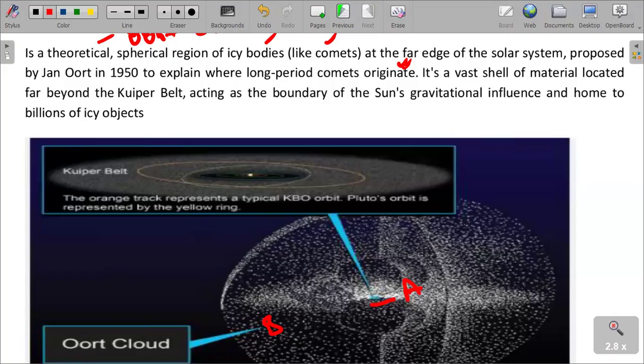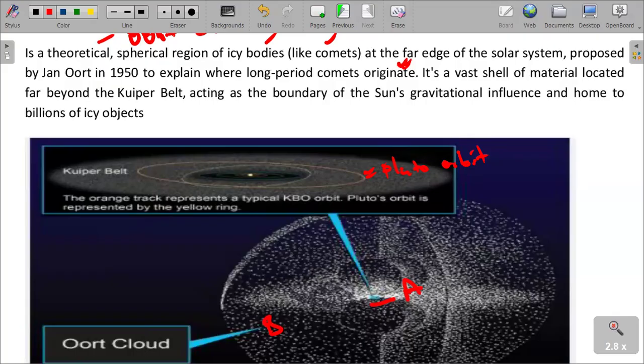The orange track represents the typical cloud, and Pluto's orbit is represented by the yellow ring that you are seeing.